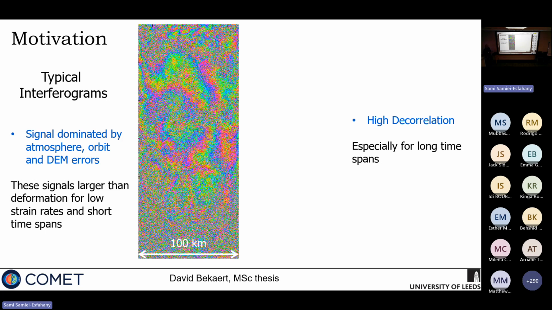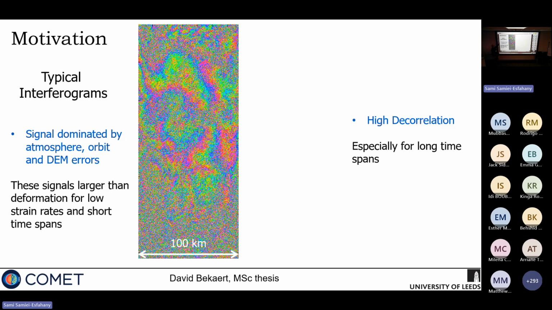Not least because mostly we're working at the moment with C-band data from Sentinel-1. That's the workhorse. Of course, that's about to change with the recent launch of an L-band satellite. That will help. But typically, this might be the interferogram we look at. It's poorer for a couple of reasons.